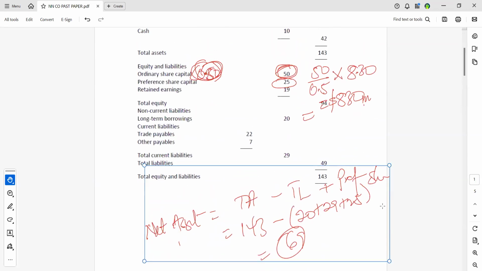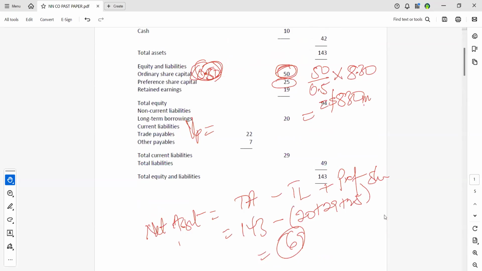So that should be easy peasy also to do, right? So the value of preference is 25 over 0.50 times the price per share. Dividing the 25 by 0.5 will give you the number of preference shares. Then multiply by 0.67. So I don't know what answer you get.